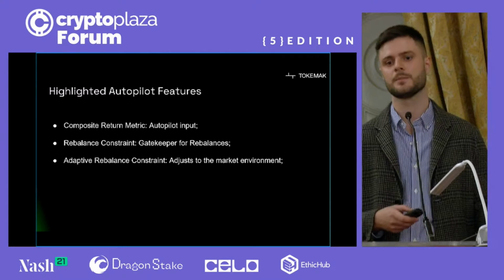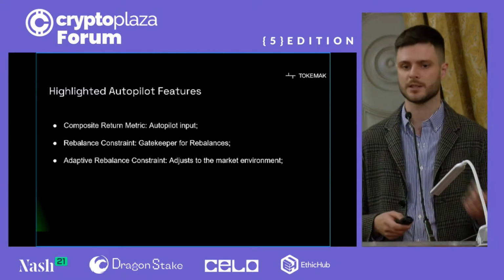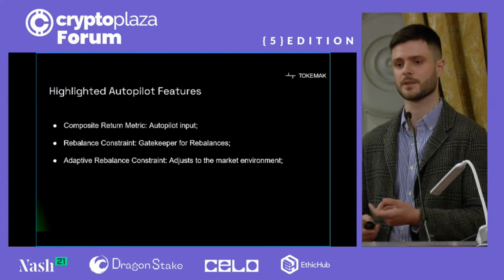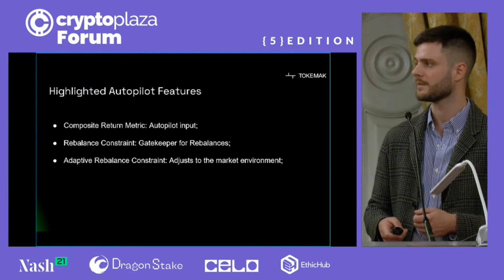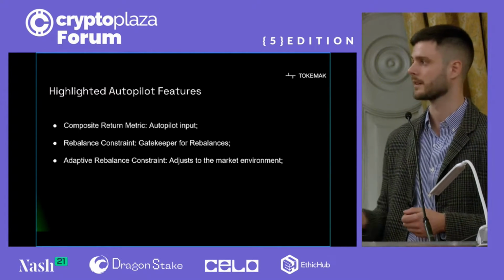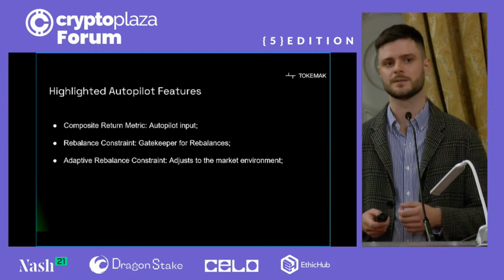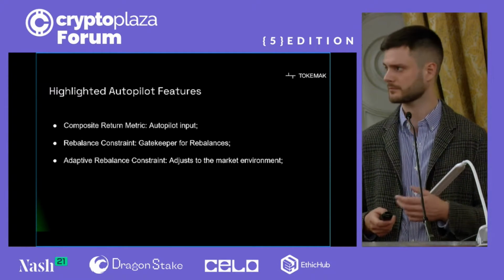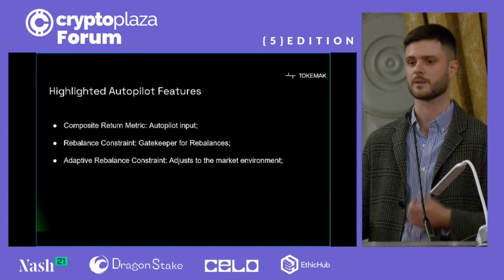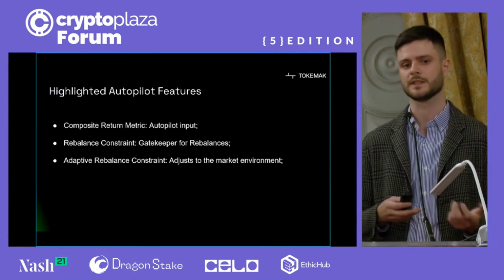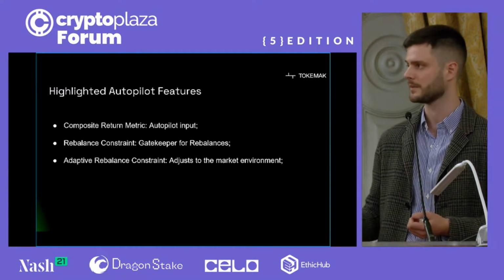This is the gatekeeper for rebalances. It's the condition that triggers a rebalance to occur and basically says yay or nay to it. And then finally, we have the adaptive rebalance constraint. This is the self-learning component of the system that is basically going to adjust the way that the rebalance constraint works depending on the volatility that we are experiencing within the market.